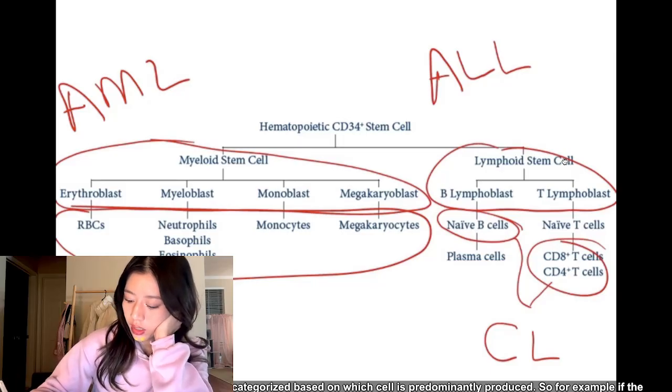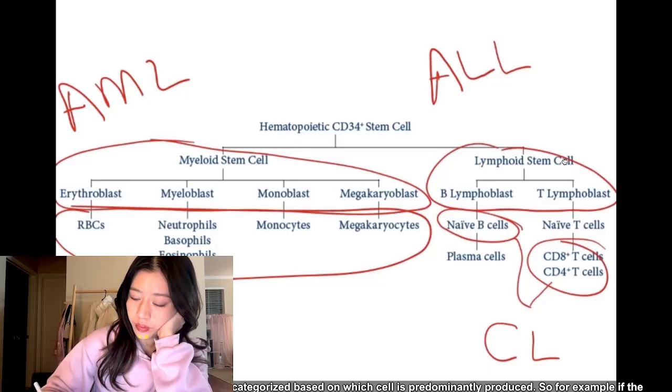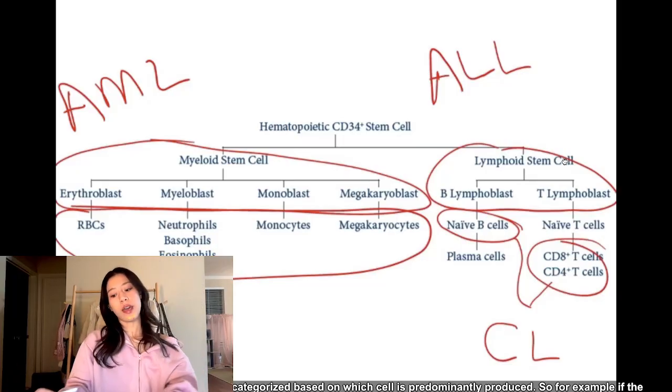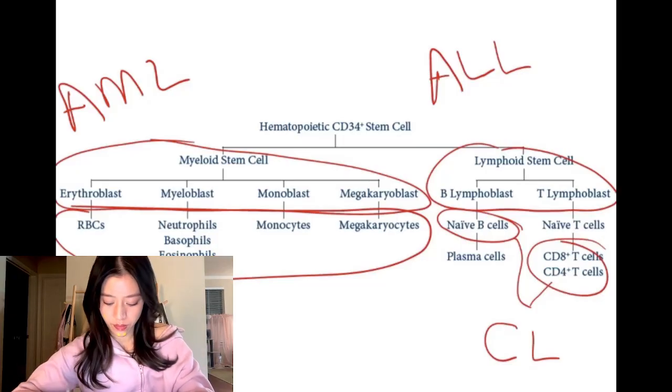And then the mature myelocytes, that is, oh my god, myeloproliferative disorders. Okay. Which cell is predominantly produced.